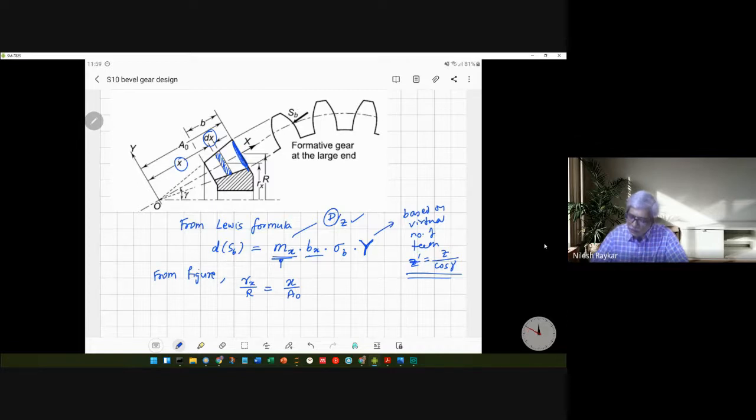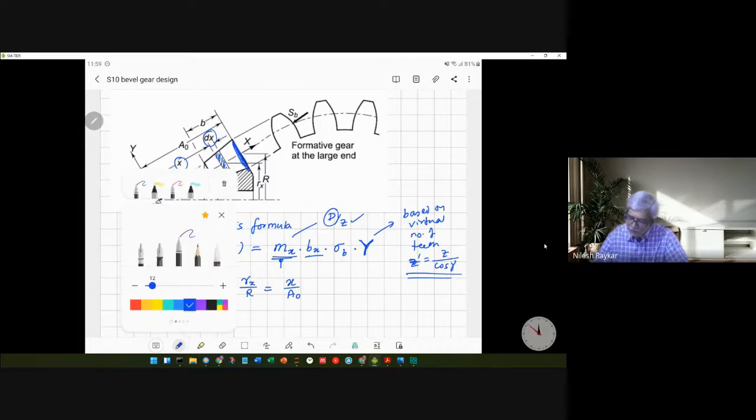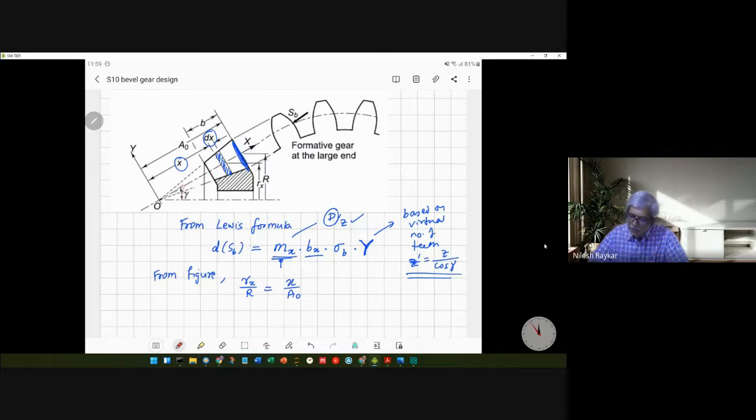We have one triangle which is this one, and the other triangle which is this one.